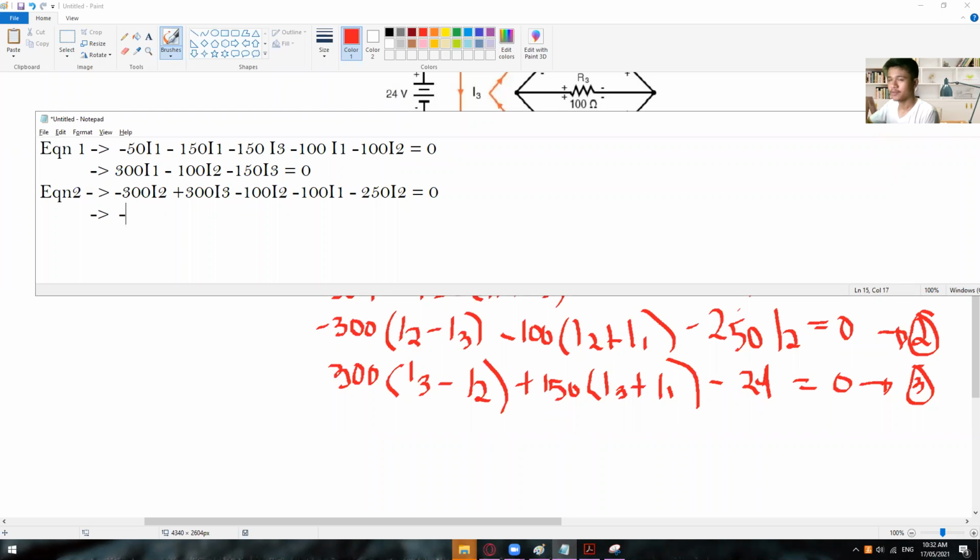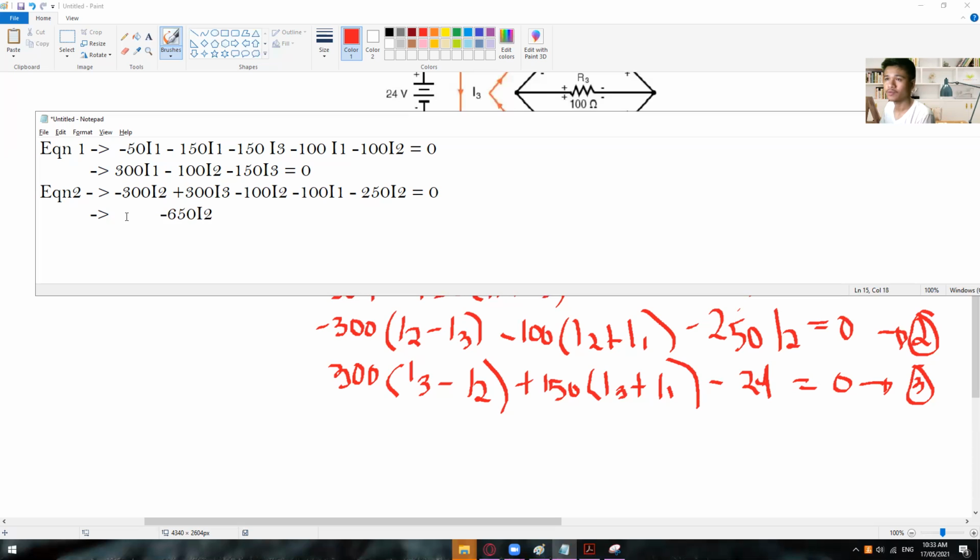Anyway, so from here, again, just combine similar terms. So we have I sub 2: negative 300 plus negative 100 is negative 400, plus negative 250 is negative 650. Negative 650 I sub 2. Okay, let me just move this one.